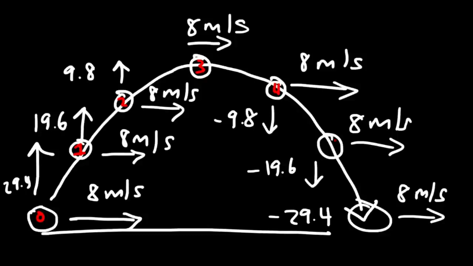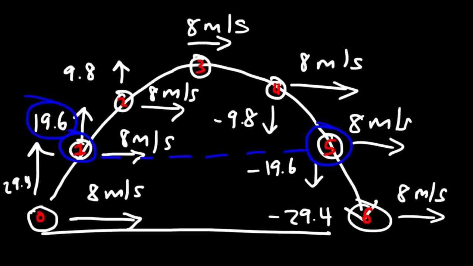Notice that the speed is the same when the height is the same if the trajectory is symmetrical. In this case, the left side looks exactly the same as the right side. So there's symmetry for this type of shape. So at a certain height, Vy has the same magnitude but the opposite sign.